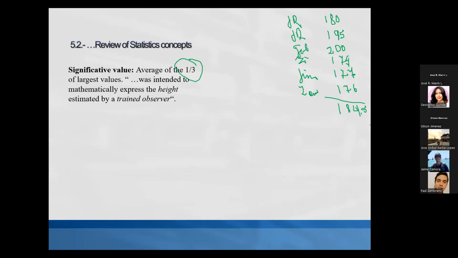Originally, this parameter was intended to mathematically express the height estimated by a trained observer. Imagine that you are standing on the deck of a ship observing the waves, and I ask you what the height of this wave is.